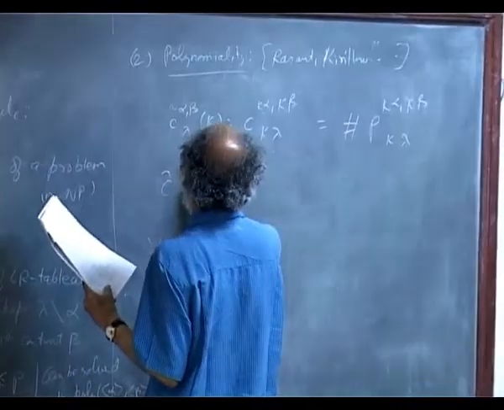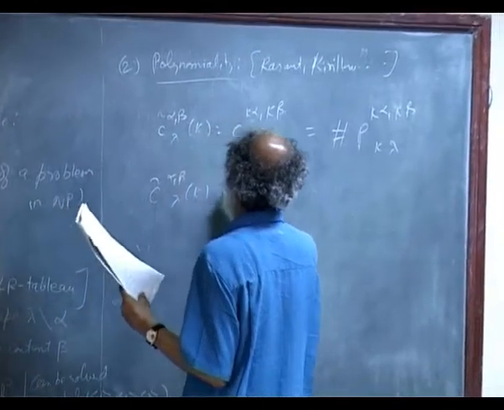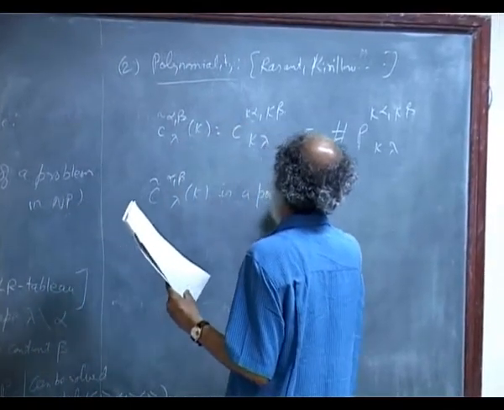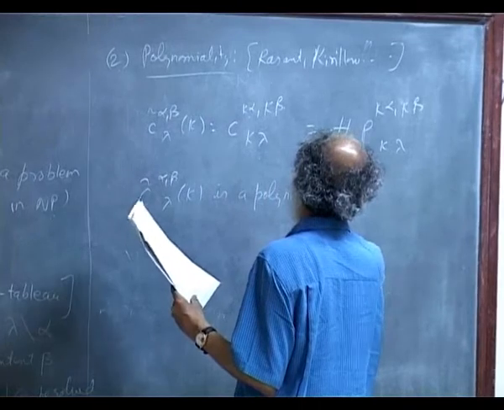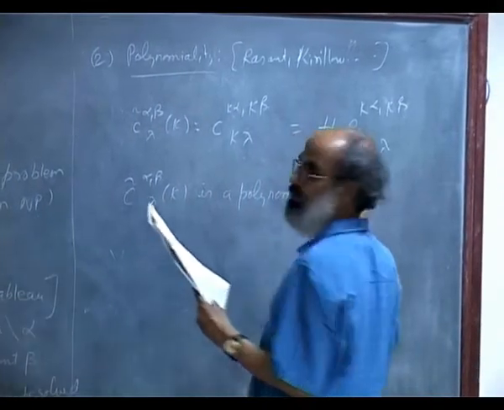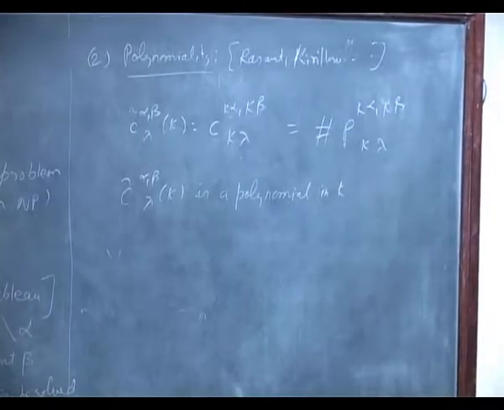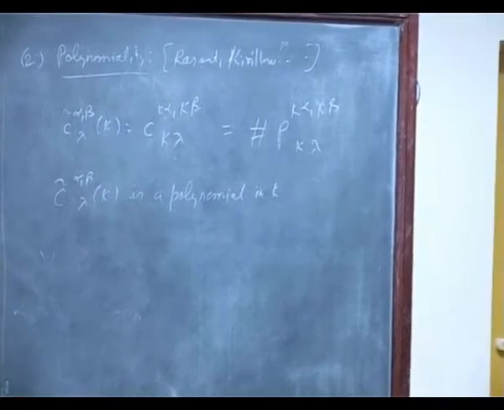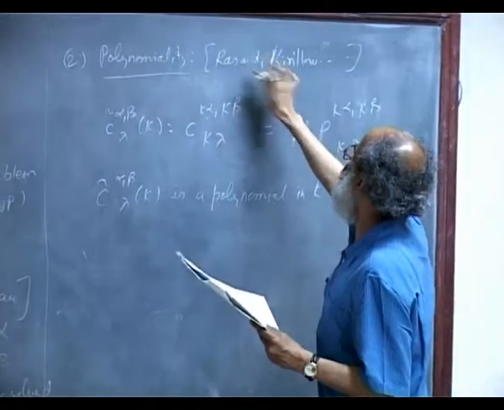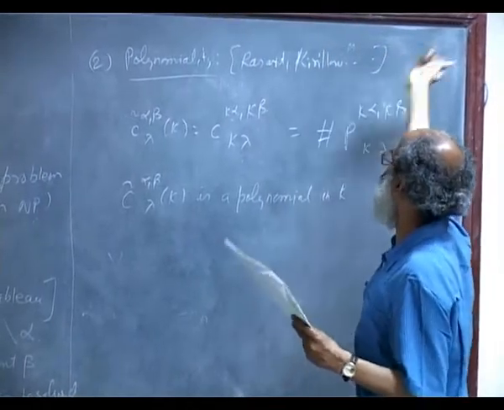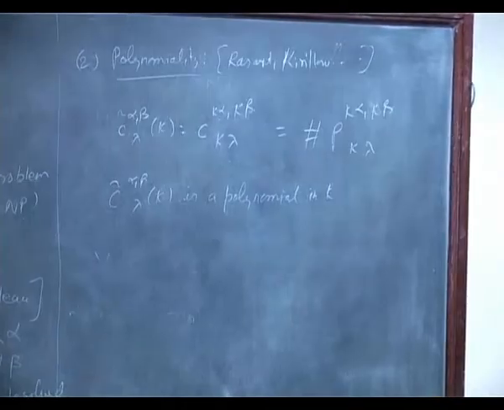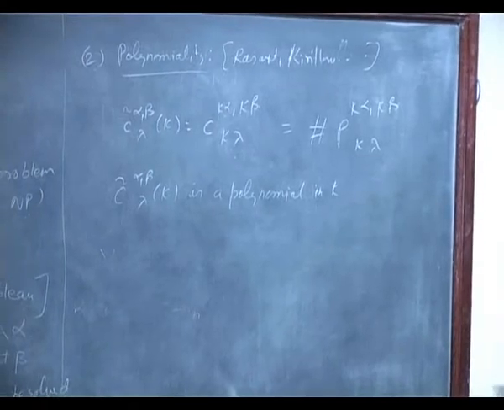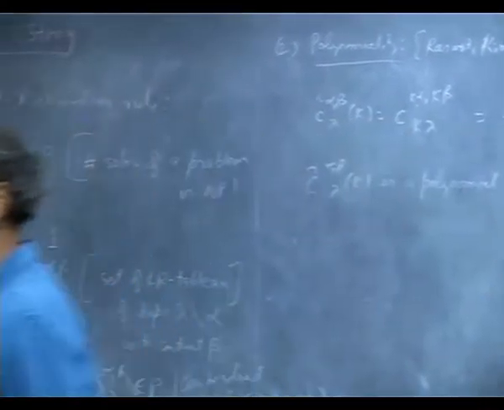C alpha beta lambda of k is a polynomial in k. Rassart is the name, and Kirillov. They showed that this function actually is polynomial.